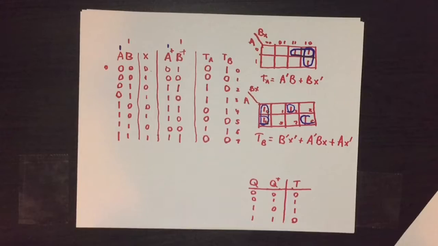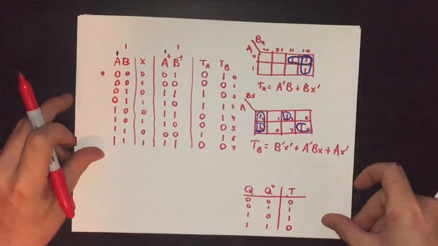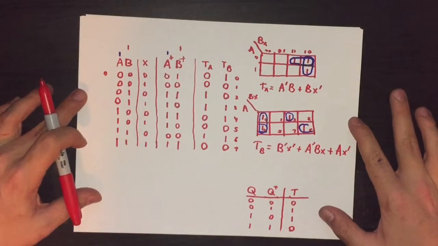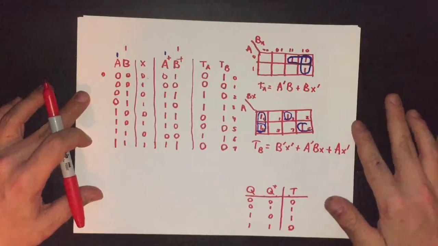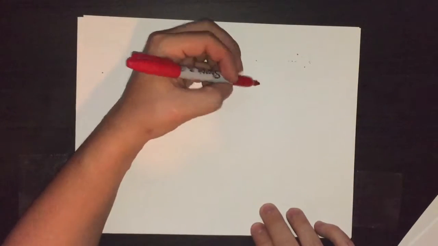Now I think we can draw a circuit of this using the T flip-flops. I'll give you a sec to write that down because we may need this for reference. I might flash it back on the screen every now and then. But alright, let's get building. We're going to have the two flip-flops.